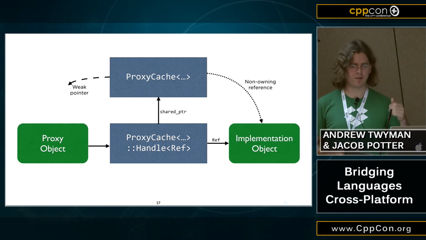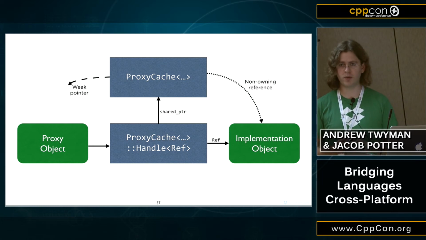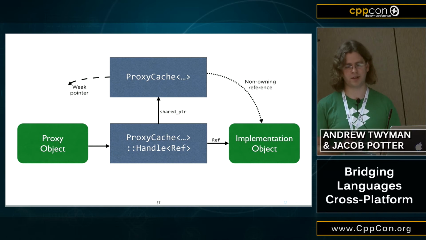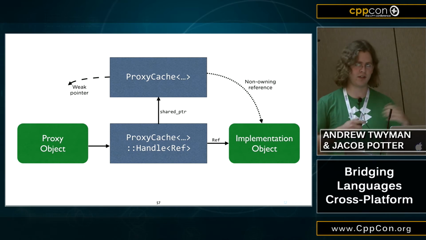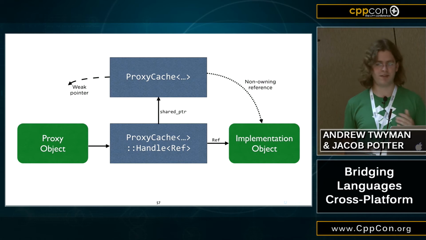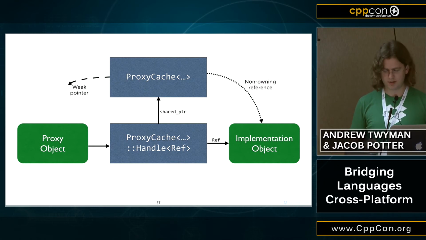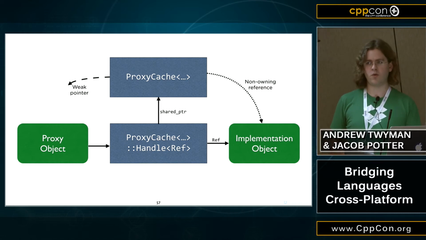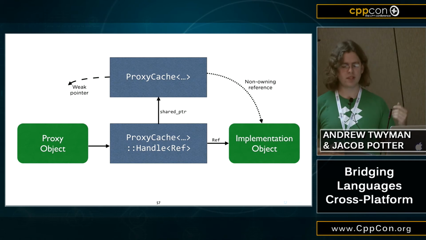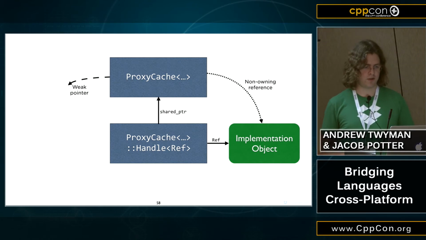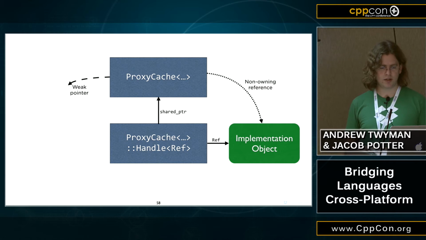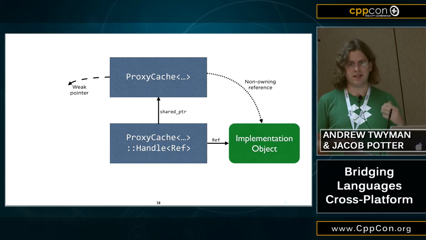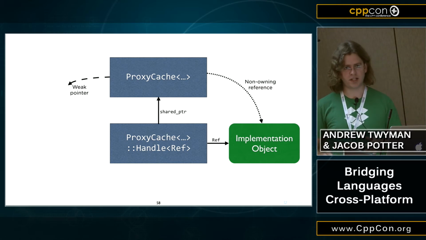And this happens atomically in std shared pointer and std weak pointer. It also is guaranteed to be atomic by Java weak references and Objective-C __weak. So we have that guarantee. So now the weak pointer is dangling. OK, now we know that although this proxy object still exists, no one has a reference to it. So we start cleaning it up. First, the proxy object itself, we enter its destructor. It might contain the handle by a subobject or a member, or it has a pointer to it or something.